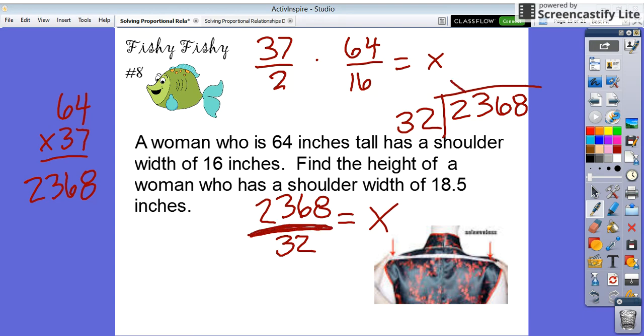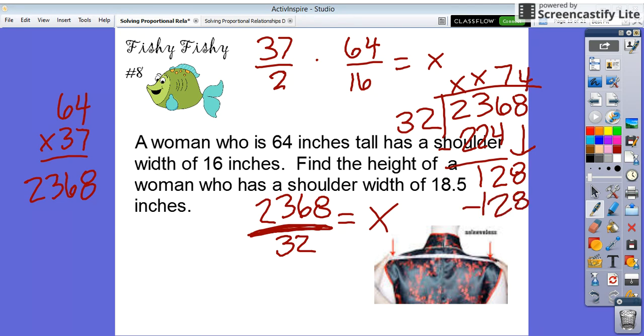So 32 will not go into 2, it won't go into 23, but it will go into 236 7 times, and that is 224. Subtract that, and we'll get 12 down here. Bring down that 8. 32 will go into 128 4 times, and that goes in evenly. So that we have now 74 equals x.